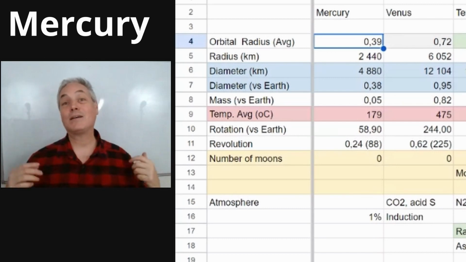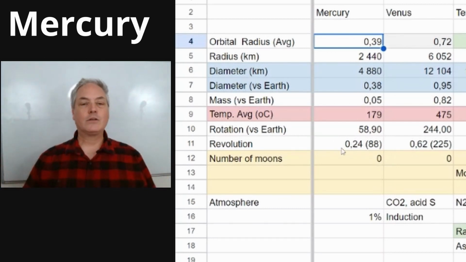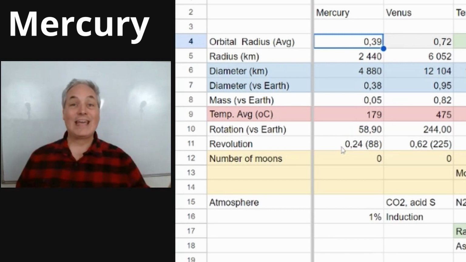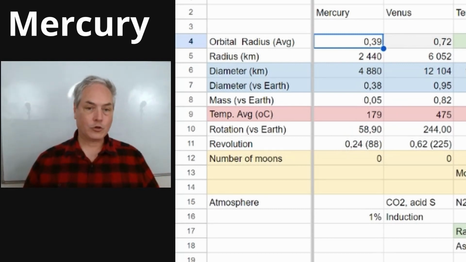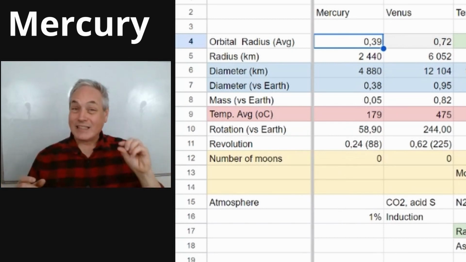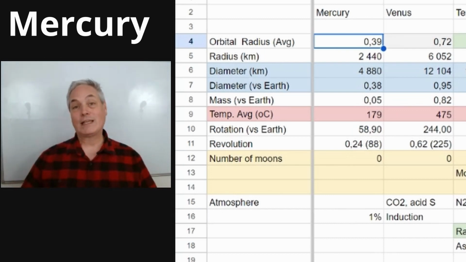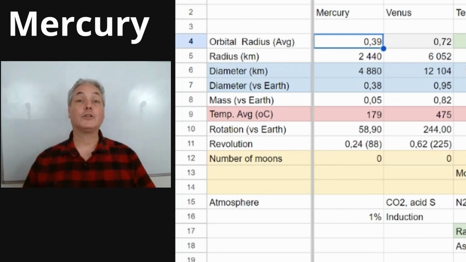So here the time would appear to move so much more slowly. And for the revolution, it takes about 88 days for Mercury to go around the sun. It has no moon, and from what I know, there's a tiny little magnetism on the planet. It's about 1% of the magnetism we would have on Earth.